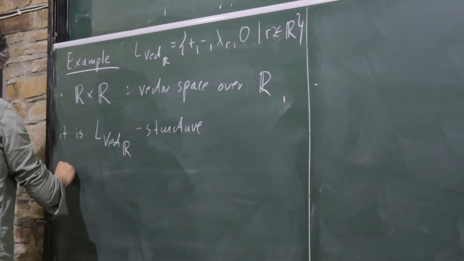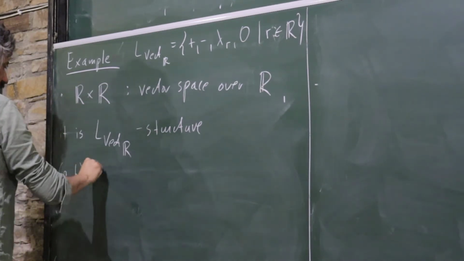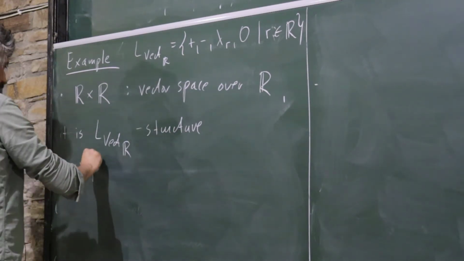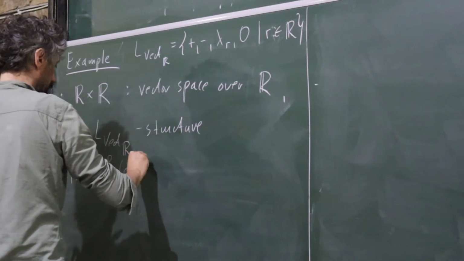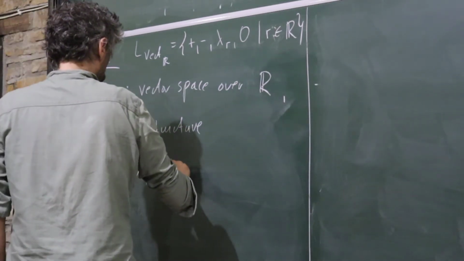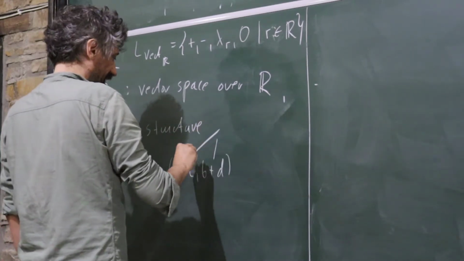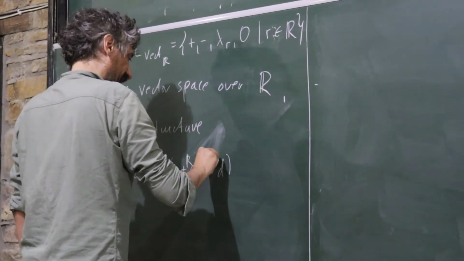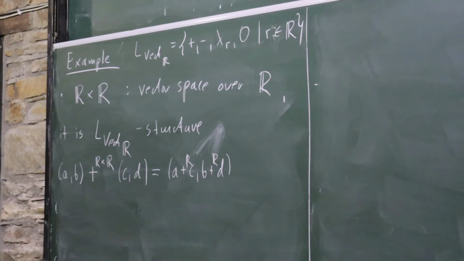A, B plus in the sense of R times R, where this is addition in R, which we of course never write with this superscript R, but let's do it.